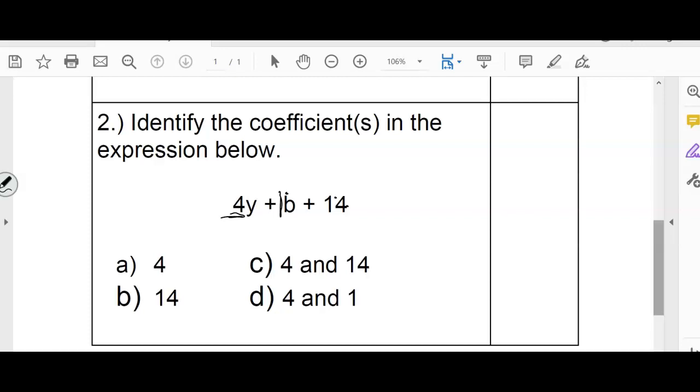What is 14 called? 14 would be called the... Sam? It's called the constant. It's always 14. It's constantly 14. How many terms would this expression have?